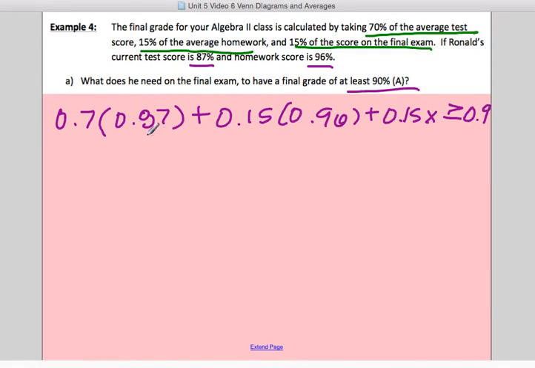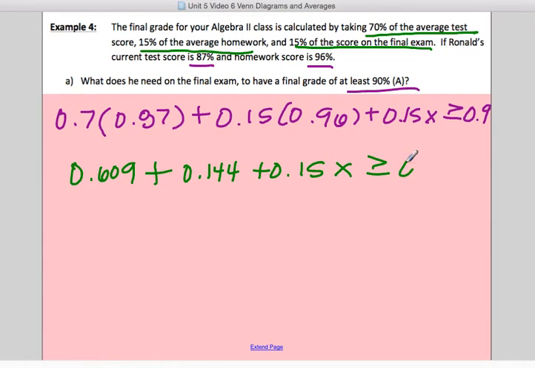0.7 times 0.87 is 0.609 plus 0.15 times 0.96 is 0.144 plus 0.15x is greater than or equal to 0.9. Okay, I'm going to add these two together and I get 0.753 plus 0.15x is greater than or equal to 0.9.